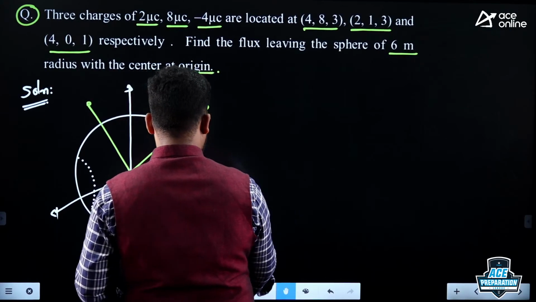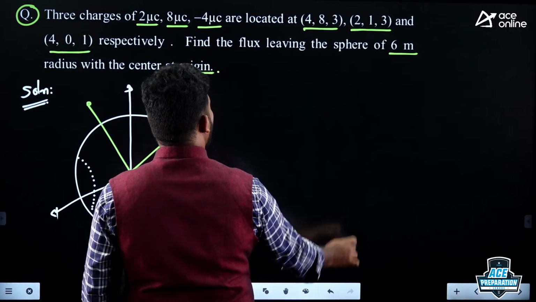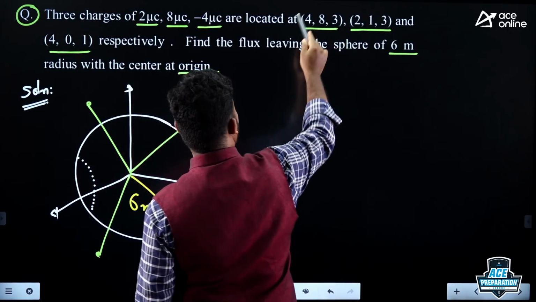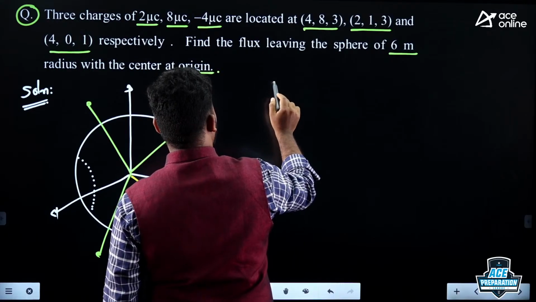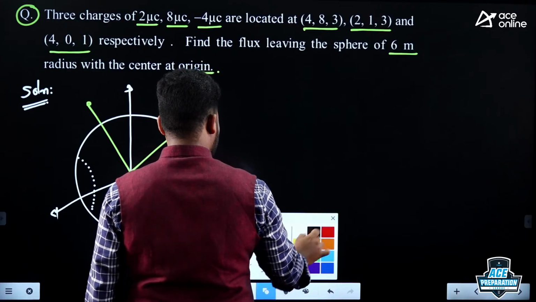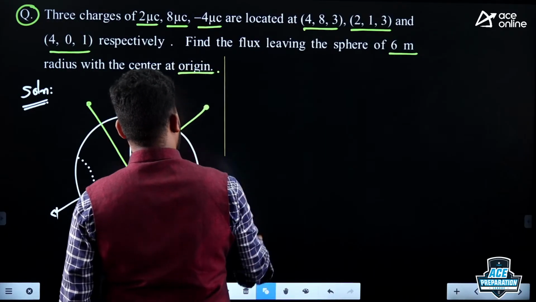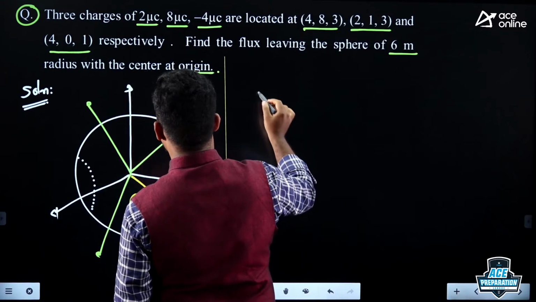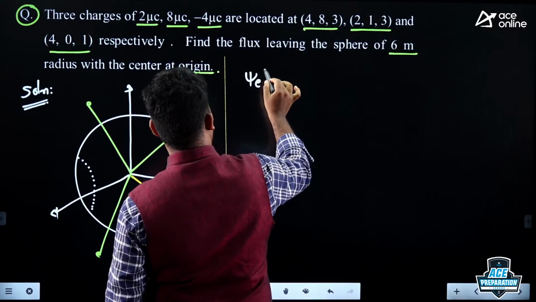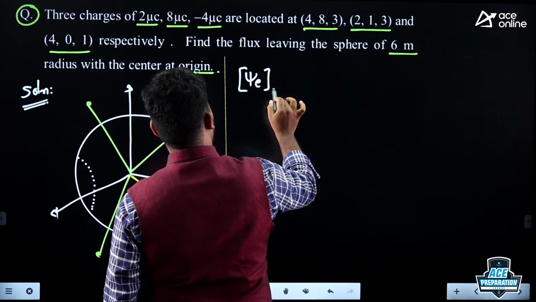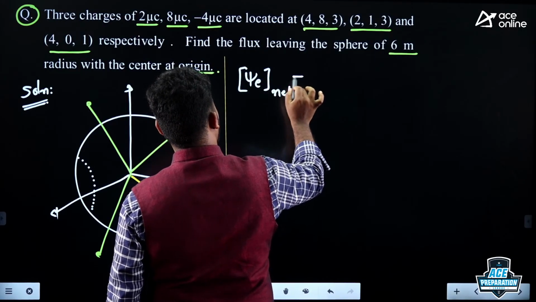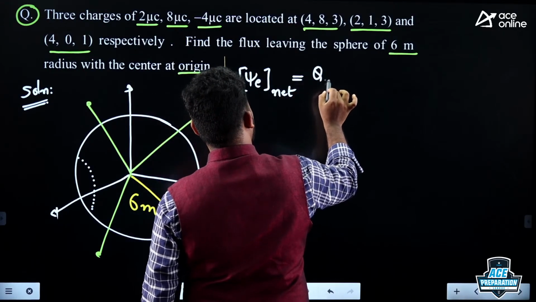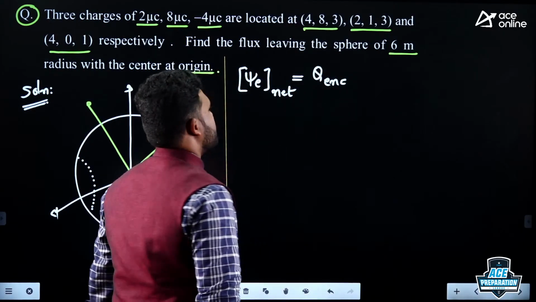Let me continue here. So with respect to the origin, what is this location? First charge location, let me find out. What I know from the Gauss law is that the net electric flux is equal to charge enclosed.